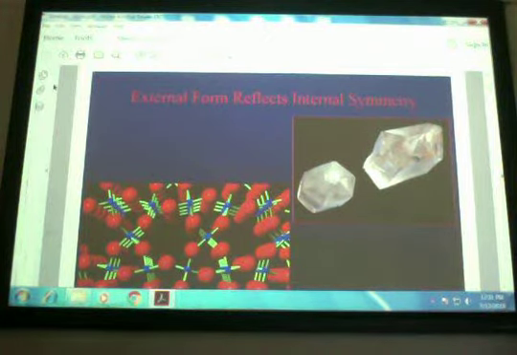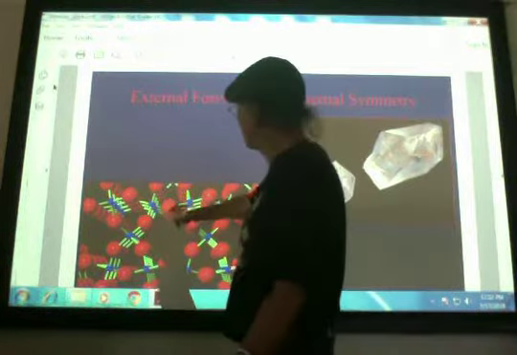For example, here we have a hexagonal mineral, very nice, and that is a quartz from the hot springs in Arkansas. This external shape or form is caused by the internal symmetry.